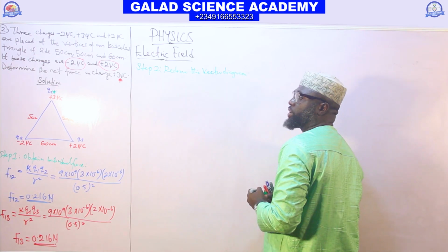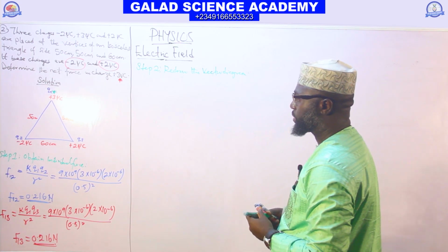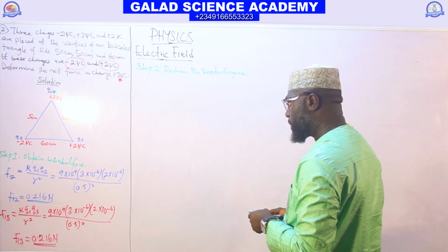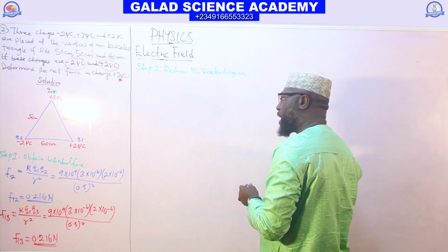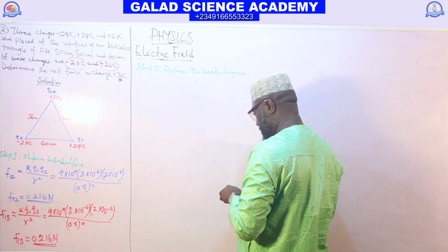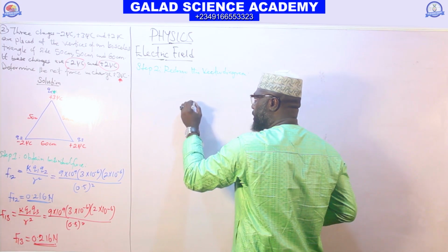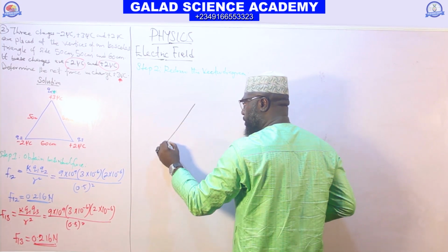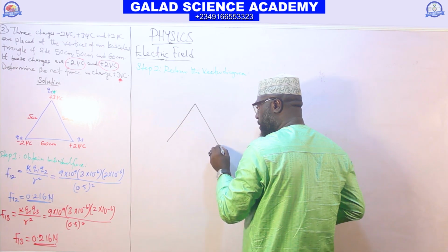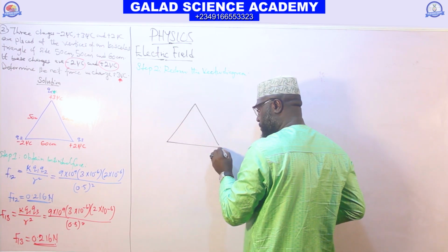So by redrawing the vector diagram, we have the triangle in this form.